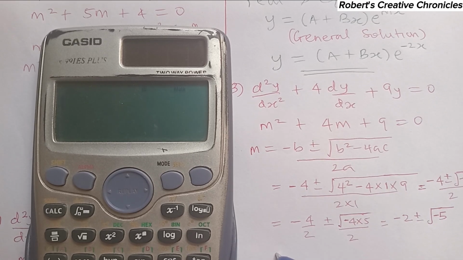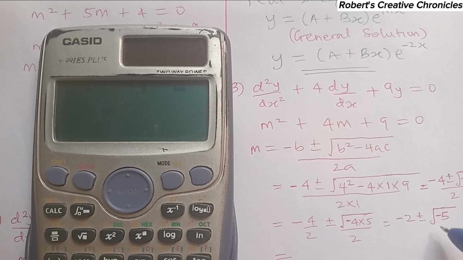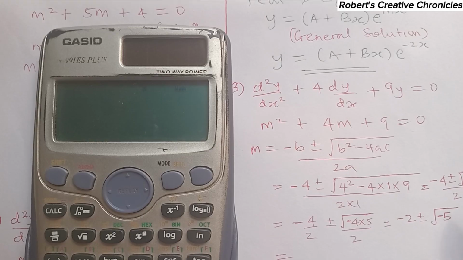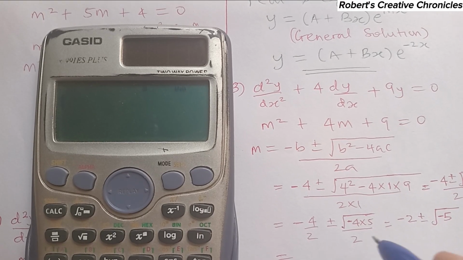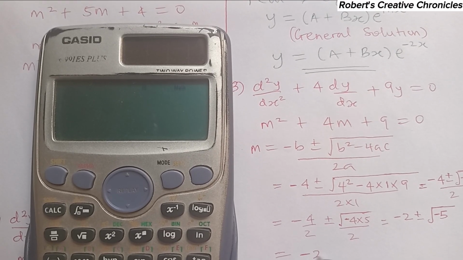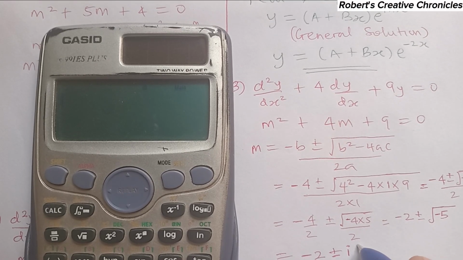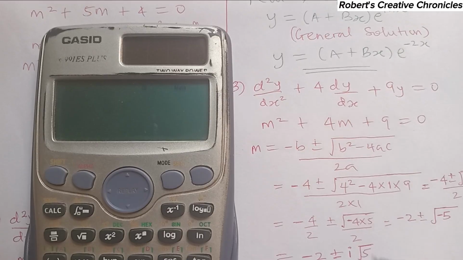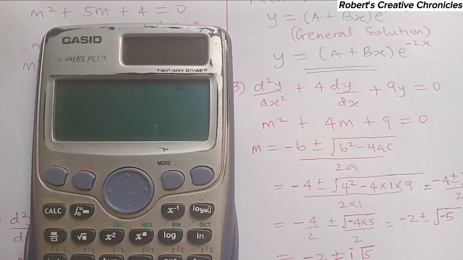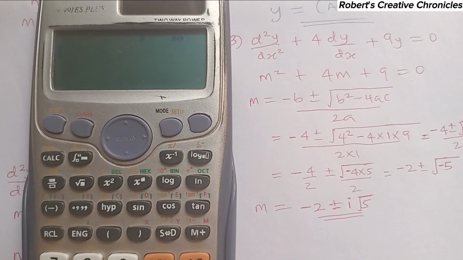So now you know that root of minus 5 is the same thing as root of minus 1 times root of 5. So what is root of minus 1? It is i. So this will be negative 2 plus minus i root of 5. So m is equal to this.